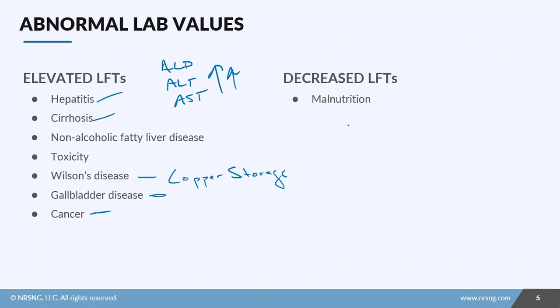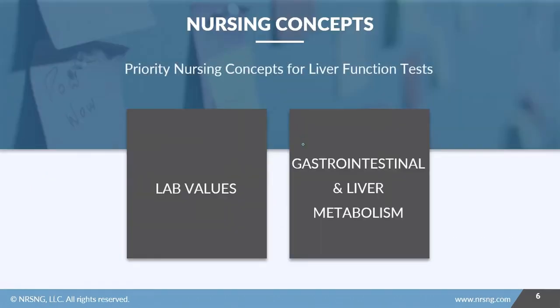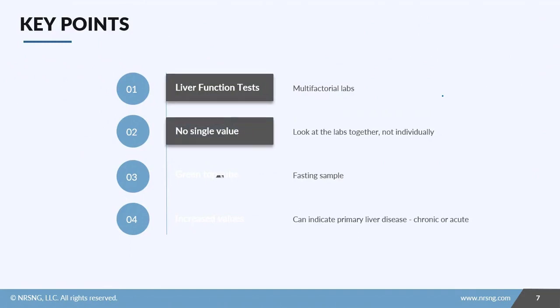Overall, decreased liver values is not very common, but when there is, it's usually attributed to some sort of malnutrition. So by improving your patient's diet and nutrition, you can help improve those liver function tests. So for this lesson, we focused really on gastrointestinal and liver metabolism, as well as our lab values when we're looking at liver function tests. So let's recap.